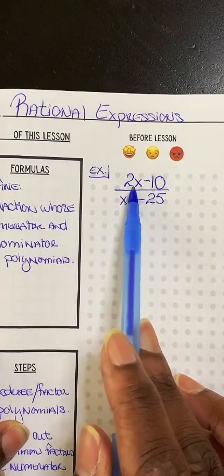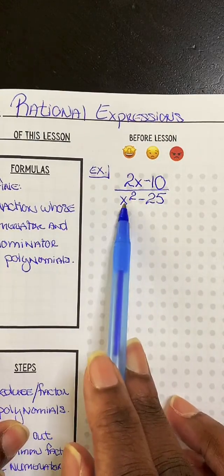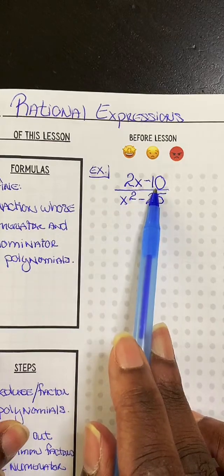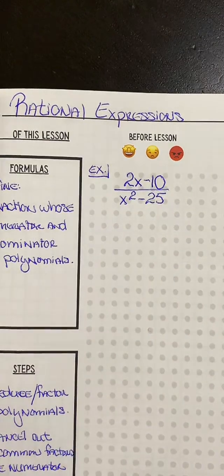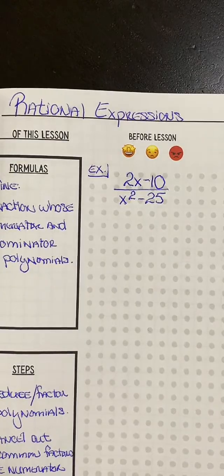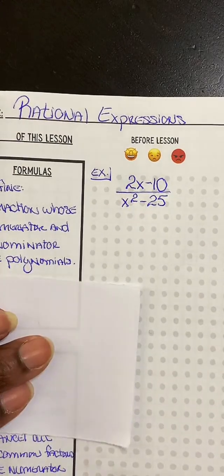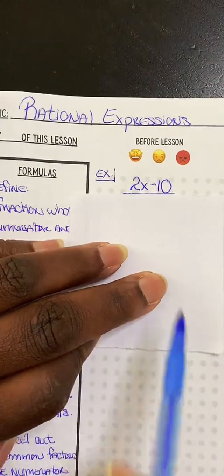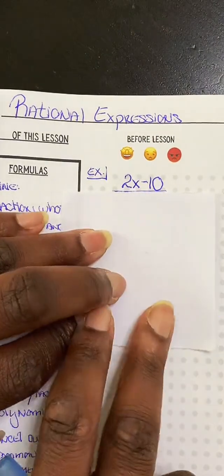This is a binomial and this is a binomial because we have that minus sign separating our two terms. So if we're going to factor one at a time, let me cover up the denominator real quick so we can focus our attention on that numerator.